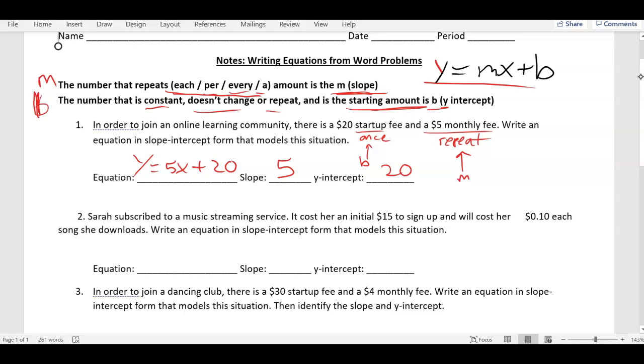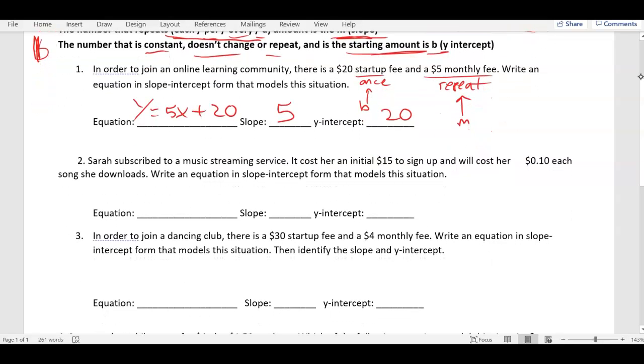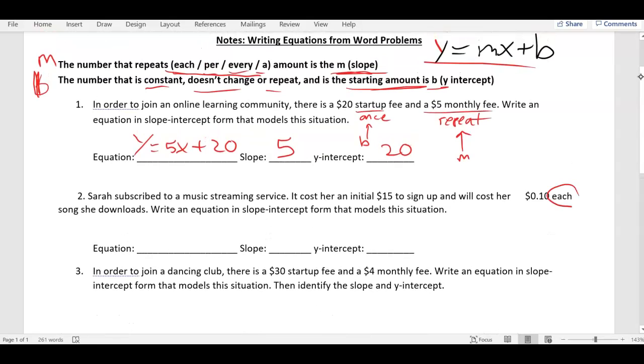Number 2: Sarah subscribed to a music streaming service. It cost her an initial $15 to sign up, and it will cost her $10 each. There's a keyword, each. That's changing, that's happening over and over. That has to be my m, the slope. And if you see the word initial, starting, beginning, that's always your b. It happens once. You sign up once at the beginning.